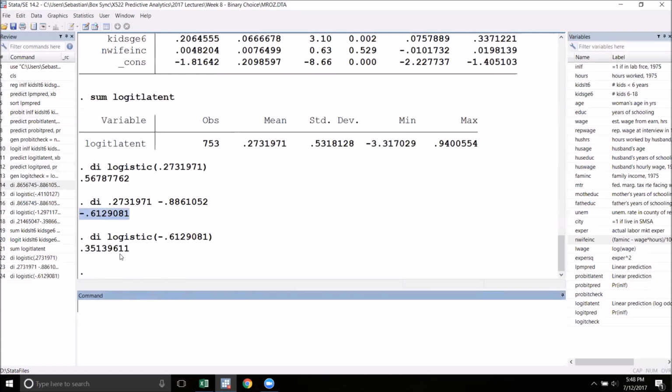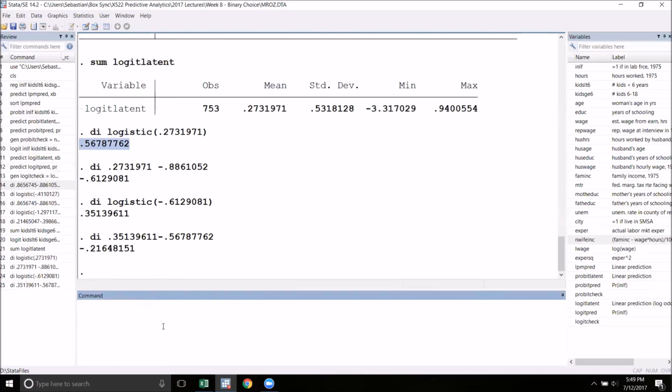And what we get is about 35%. To get the marginal effect, again, we simply subtract these numbers. Thus, for the average woman in the data set, we would get a reduction in probability of being in the labor force of about 21.6%.